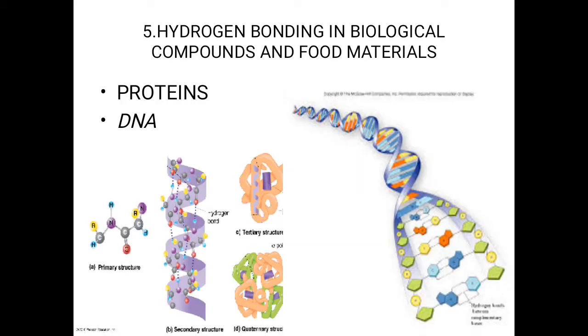The fifth property is hydrogen bonding in biological compounds and other food materials like protein. You know, proteins are the building blocks of life or living things, and proteins have amino acids as their monomers, the simplest molecules.